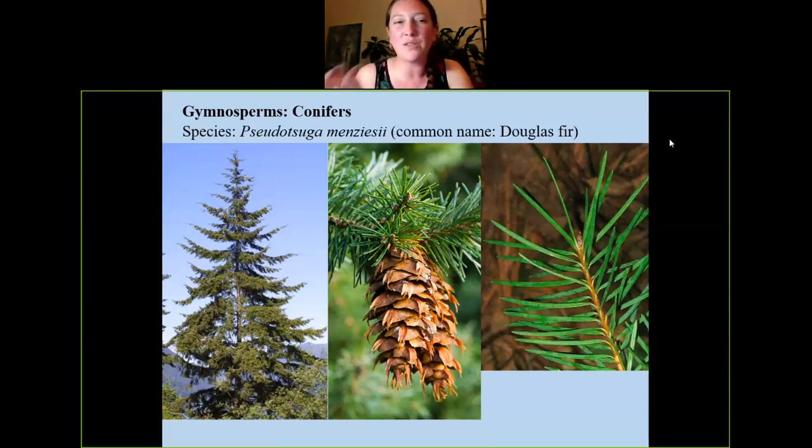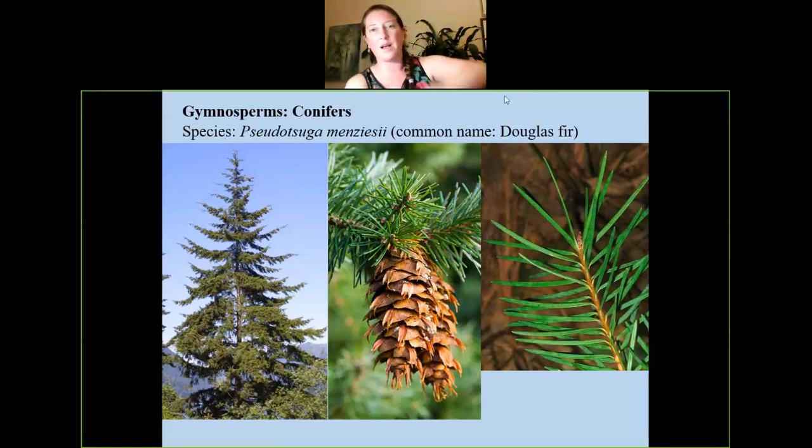But if there's some weird thing that happens to be a leaf, but it's showing up in a place you're not expecting it to show up, we call it a bract. So again, in this Douglas fir example, these weird doodads, I don't know if you could see the pink, hanging down, are actually all leaves. But because they're coming out of this cone and not off of where we're used to seeing leaves, we call them a bract. We'll come across bracts again later on in the semester too.